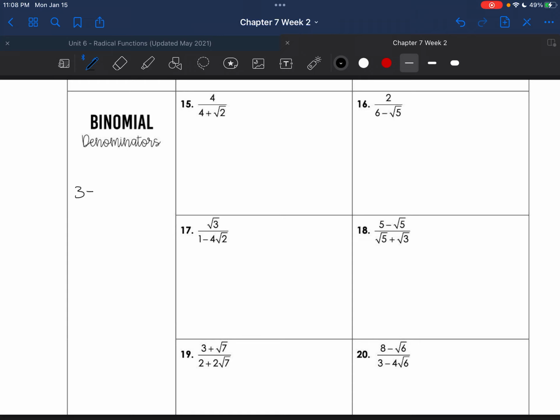When we were doing 3 minus i and 3 plus i, when we were trying to get rid of those i's, when we FOILed this out, we had 9 minus 3i, plus 3i minus 3i, and then these guys ended up with minus i squared, which turned into a number again.